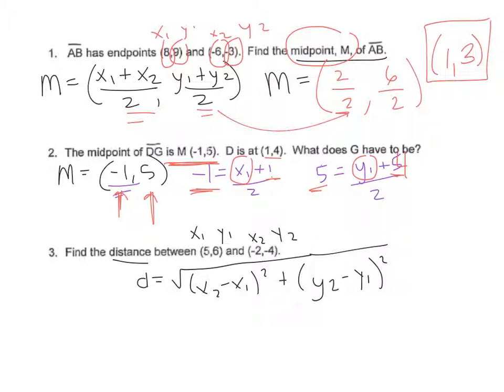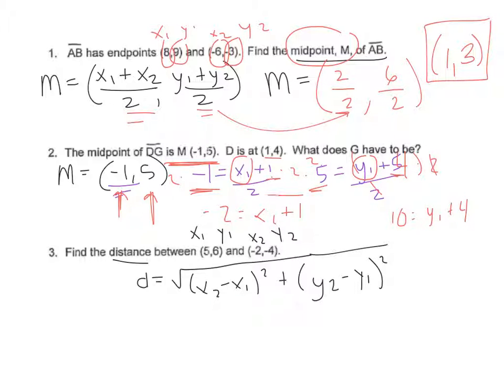Okay. So now I'm going to solve for x. So I'm going to multiply both sides by 2. So I have -2 equals x1 plus 1. Multiply both sides by 2 over here. You're not going to multiply the numerator by 2 because these two will cancel out. And you'll have 10 equals y1 plus 4.